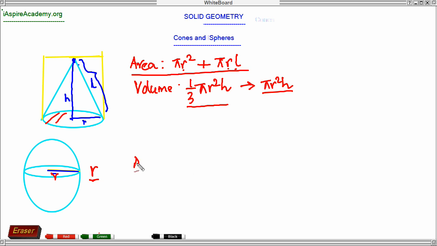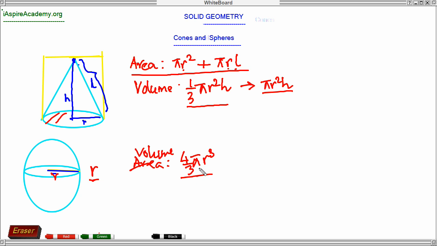The volume of the sphere is 4 by 3 pi r cube, where r is the radius of the sphere.